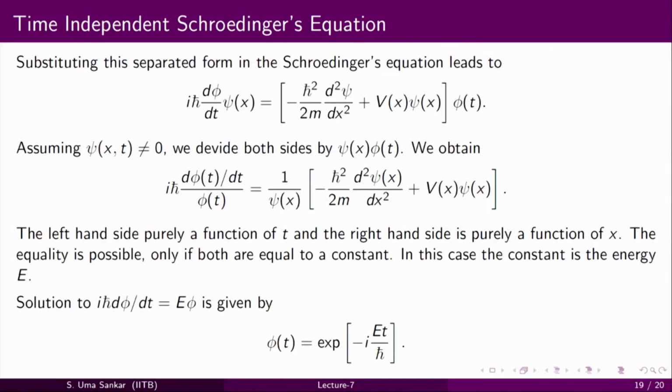This technique is called separation of variables, and it is widely used in mathematics to solve problems involving partial differential equations. If we substitute this in the time dependent Schrödinger's equation, you have on the left hand side iħ dφ/dt.